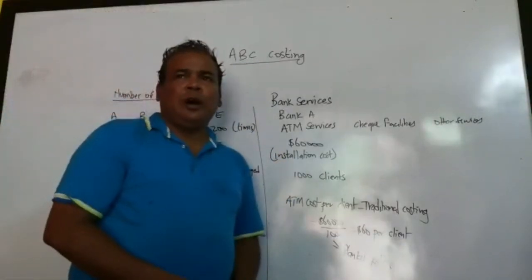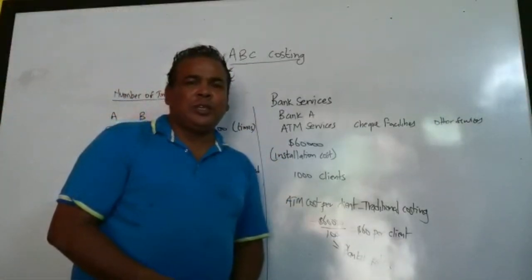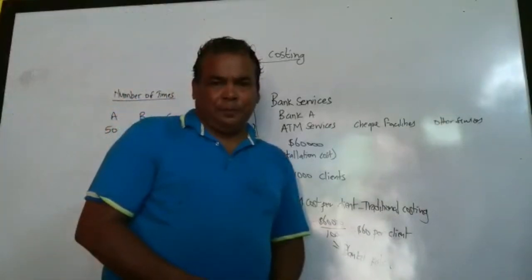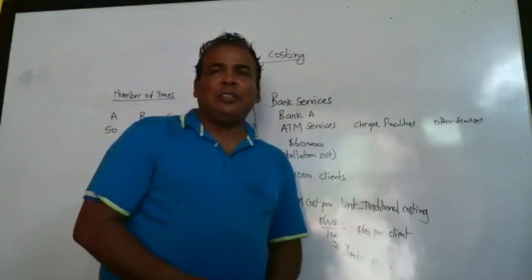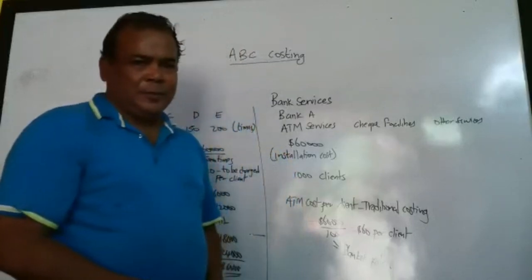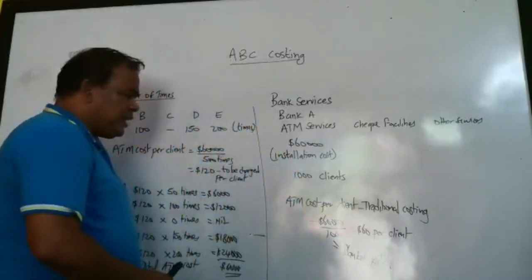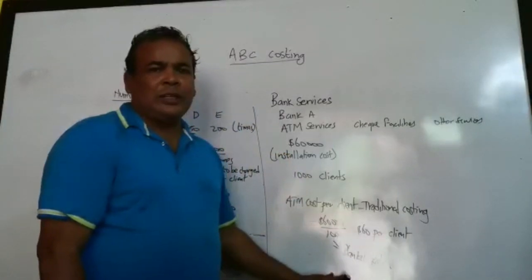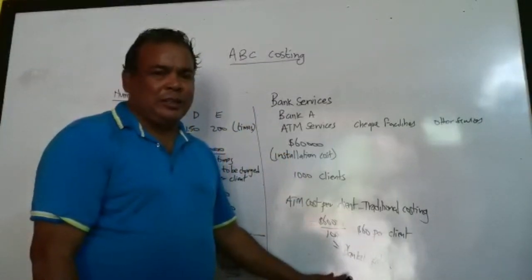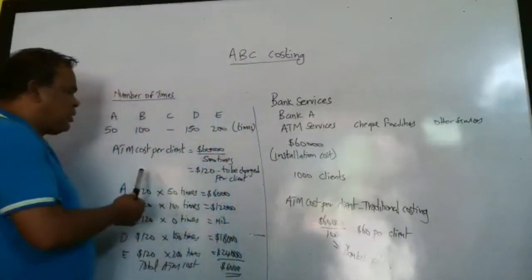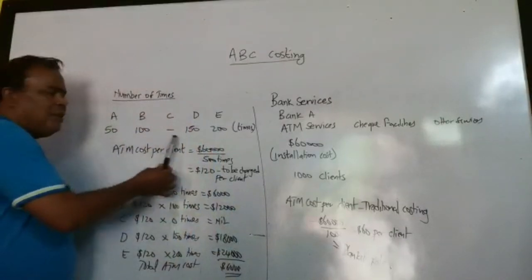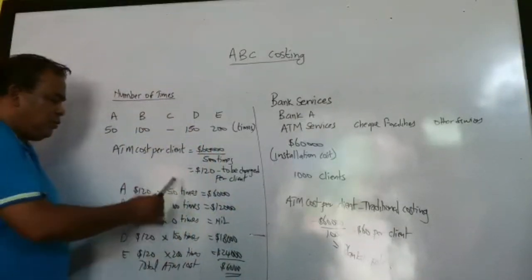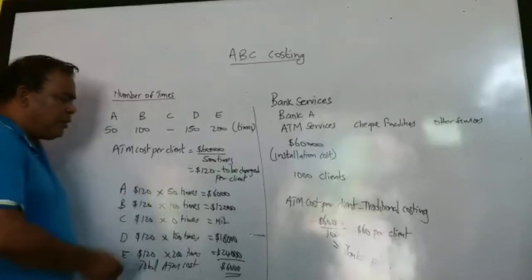So he will go to another bank which is using activity-based costing, that is, calculating the number of times the client is using the ATM service. So instead of using the traditional costing system to calculate cost per client, we can use activity-based costing, which will take into account the number of times the client is using the ATM. So this will be an accurate cost.